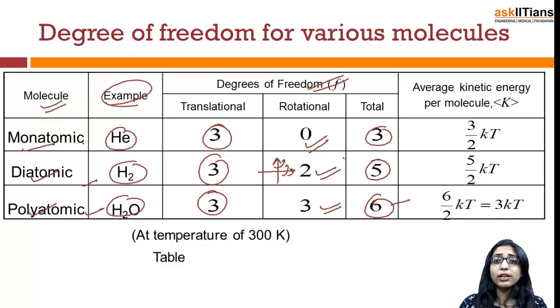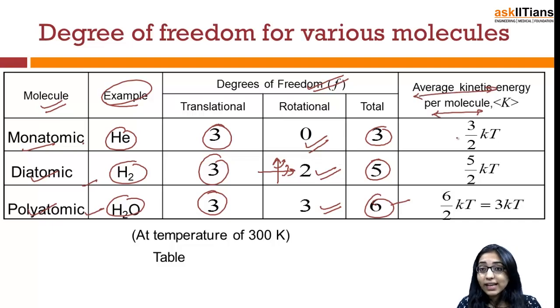Now, as per the law of equipartition of energy which we have discussed in the previous slides, I can very easily write the total kinetic energy per molecule is nothing but 1/2 kBT times the total number of degrees of freedom. Now the total number of degrees of freedom is 3, so the total energy is 3/2 kBT, and this comes from 3 into 1/2 kBT.